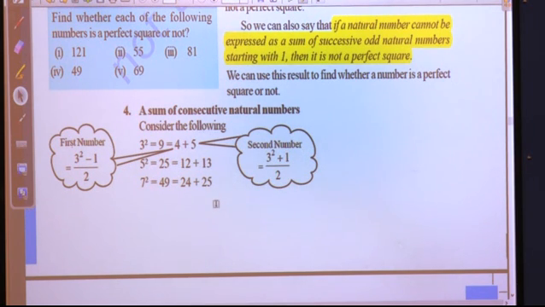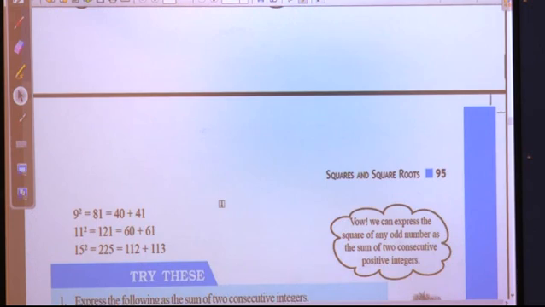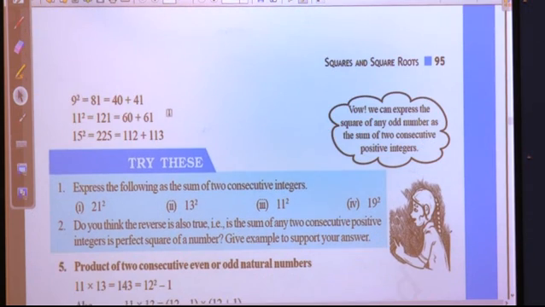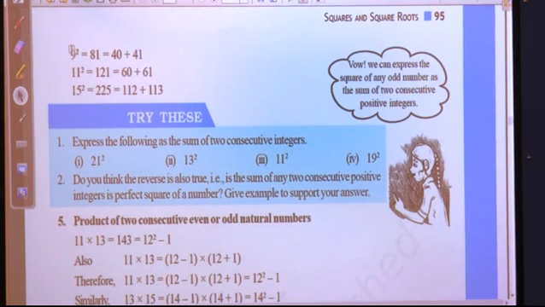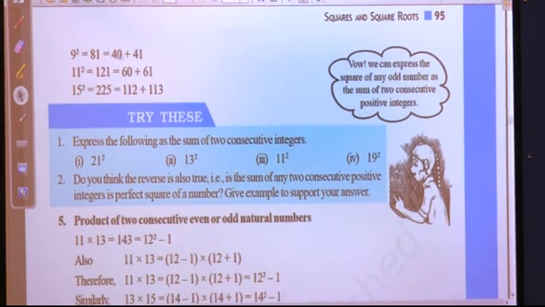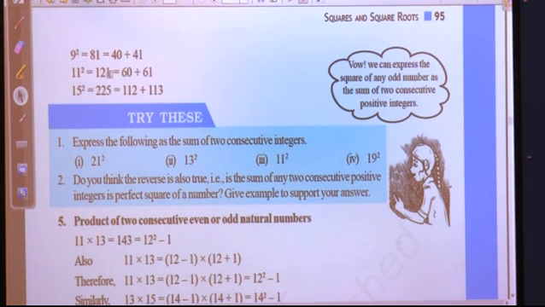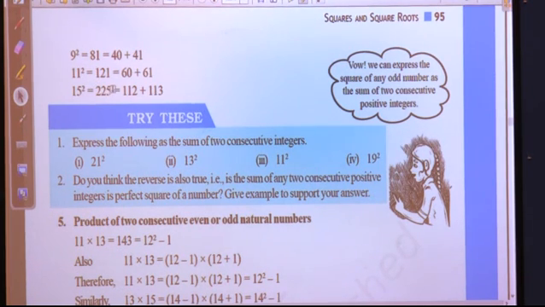So, it is 24 plus 25. The same calculation they have explained here. 9 squared is equal to 81, which is equal to 40 plus 41. 11 squared is equal to 121, which is equal to 60 plus 61. 15 squared is equal to 225, which is equal to 112 plus 113.